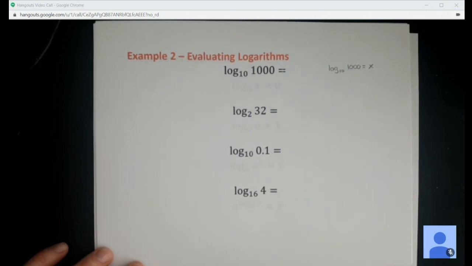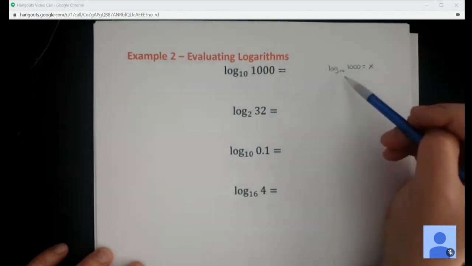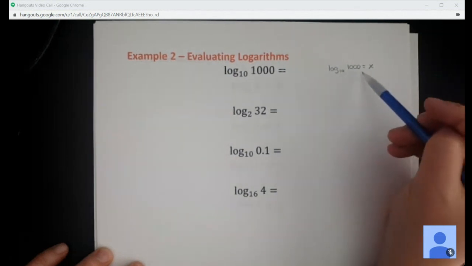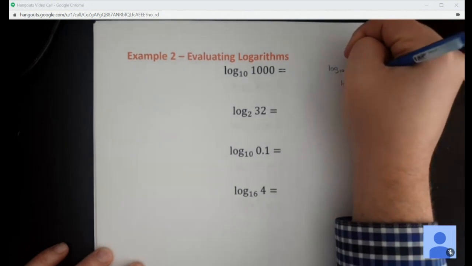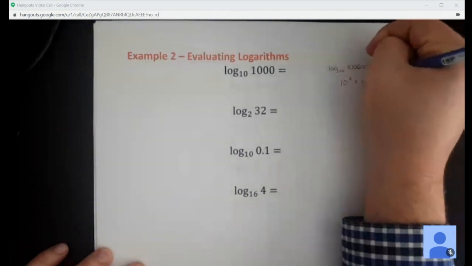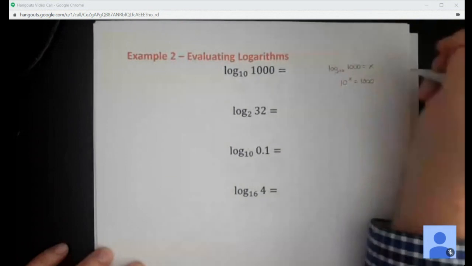Now, at that point, I want to rewrite this equation in exponential form. So what would the exponential form of this equation over here look like? Good. 10 to the x power is equal to 1,000.